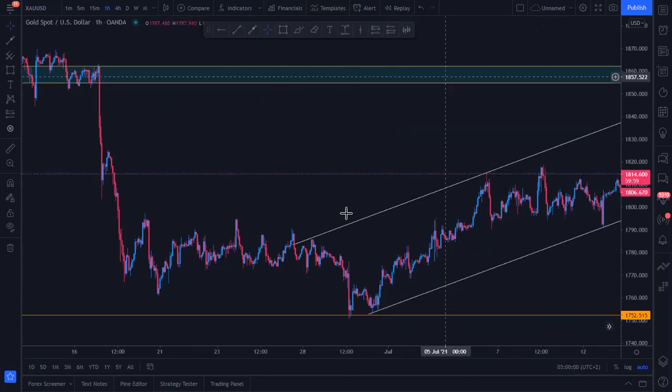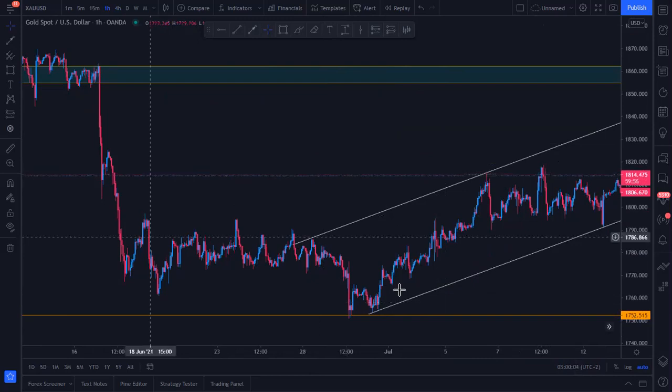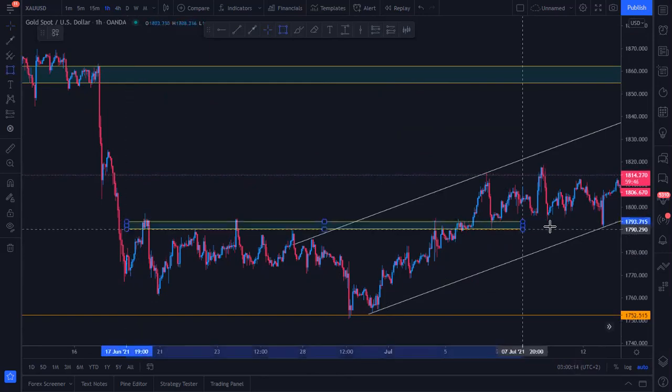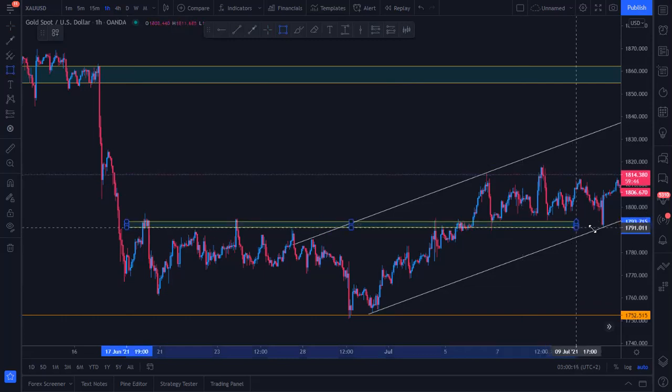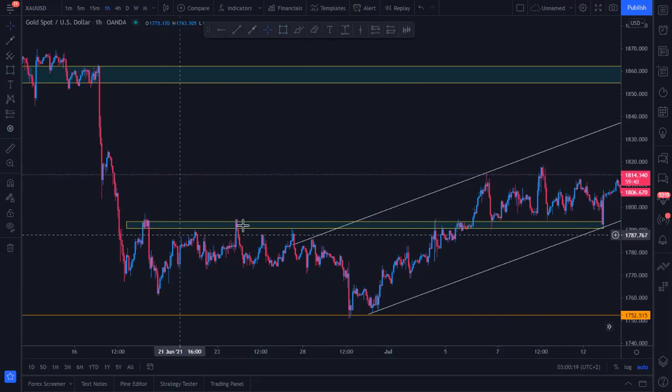So the second thing I will do, to show you guys why I drew this level, what I normally see happening at this level. Before the price started moving to the upper side, we had this area that has been retested many times, guys. As you can see, this area was retested the first time, second time.